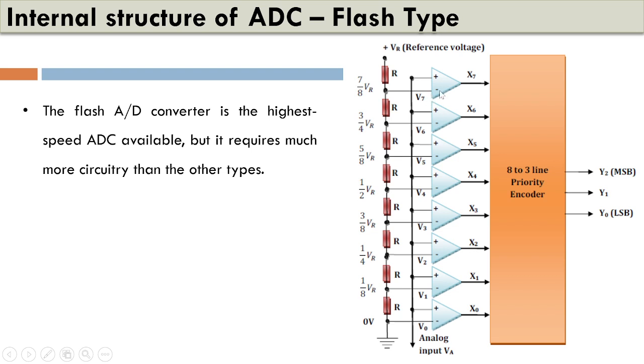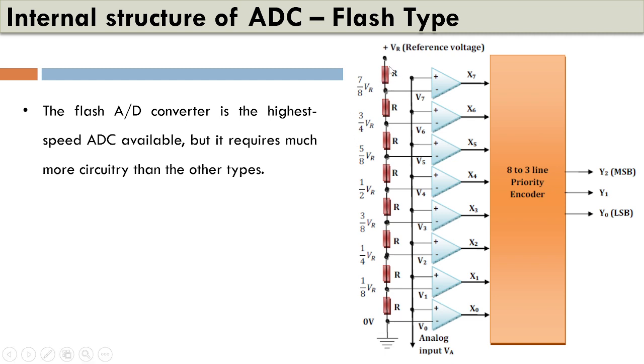The other pins, that are the inverting pins, are connected via a potential divider resistive network. We have 8 resistors, and all the values of the resistors are the same, so we have denoted that as R here.